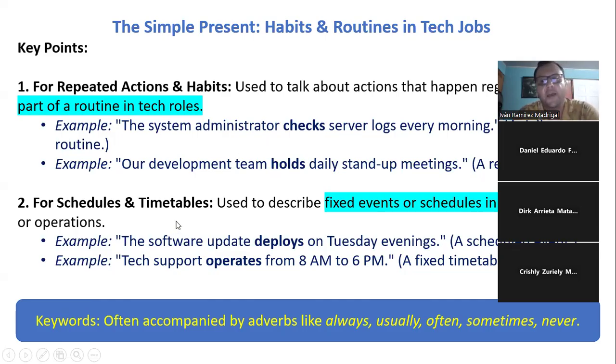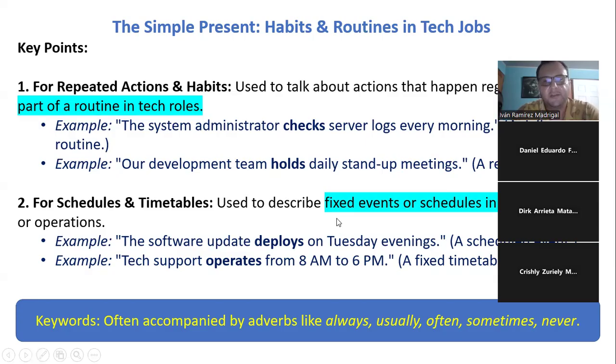And then we have a very specific use of the simple present tense, which is for schedules and timetables, right? Because we have components, gadgets, functions that are scheduled to happen on a timeline, on a timetable.